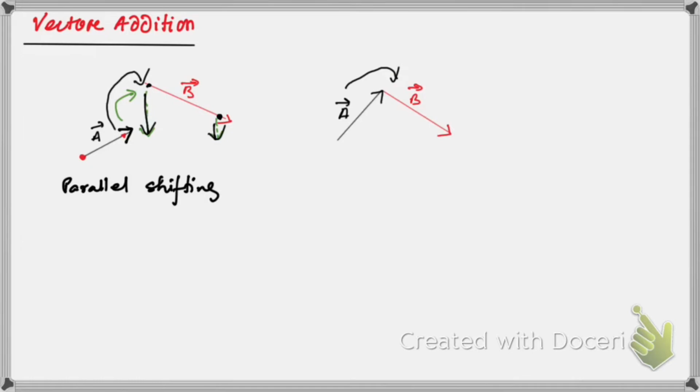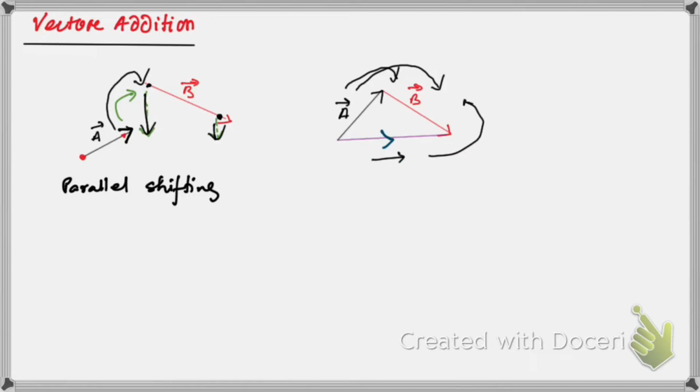Then if you consider these two sides of a triangle, then the third side of this triangle taken in opposite order, that means, you see, we have taken vectors A and B in this order, and we are taking this side in opposite order, right?